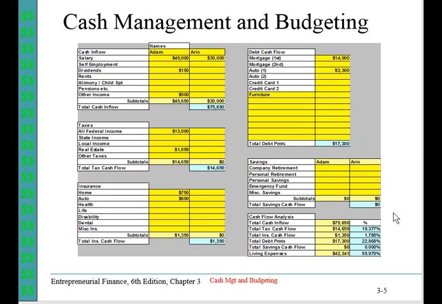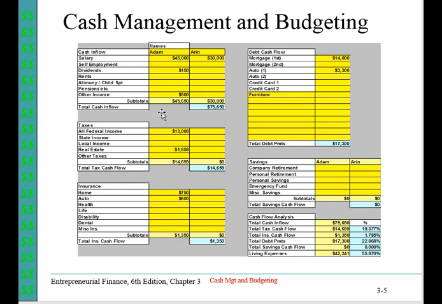Well, we need to do that by understanding a little bit about cash, right? We need to ultimately develop some form of an income statement so that we can show how our money is being spent on either a monthly or an annual basis. So this particular cash management statement is devised on an annual basis. The salaries are listed under cash inflows.